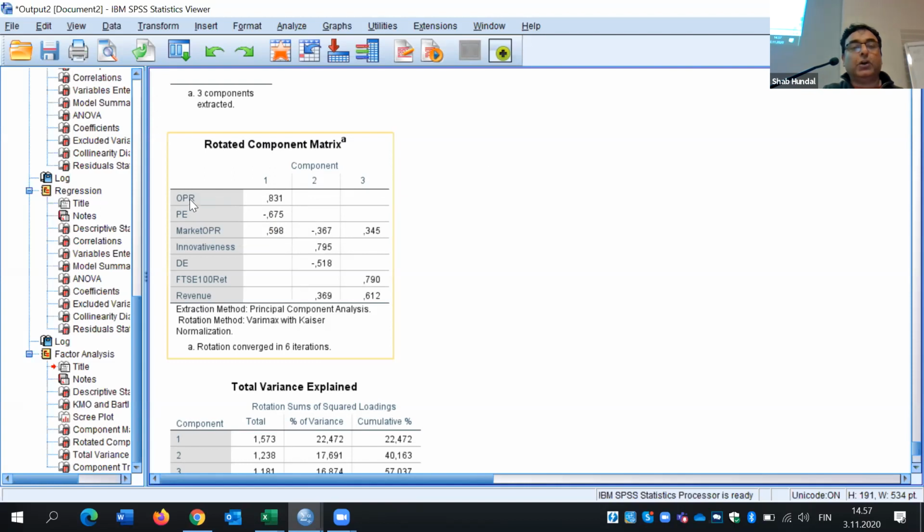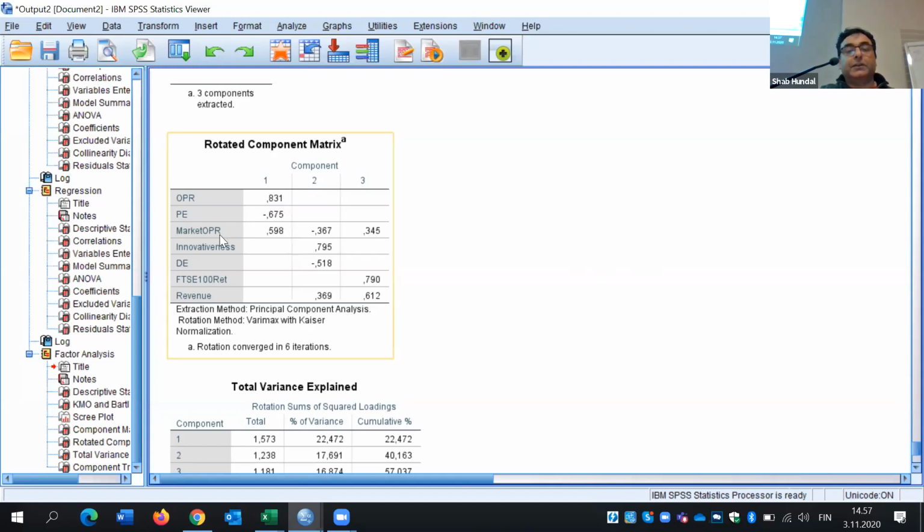And can you see that all these variables are loading? So they are running to 3 factors. Look, the operating profit ratio, the price to earning ratio, and the market operating profit ratio are running to the first construct. And what was, by the way, our first construct? Accounting performance.